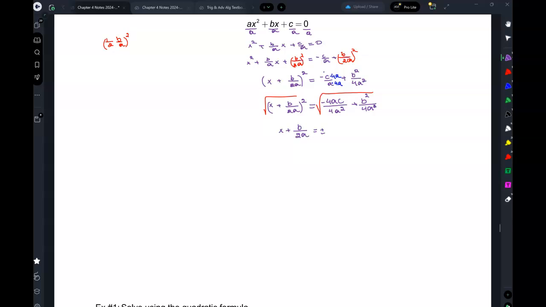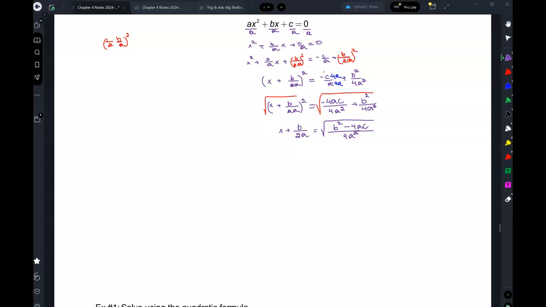Okay, before I do that, let me combine it under one fraction first. What will the denominator be here? 4a squared. And in the numerator, can I just switch the order? Can I write b squared first and then the negative 4ac?